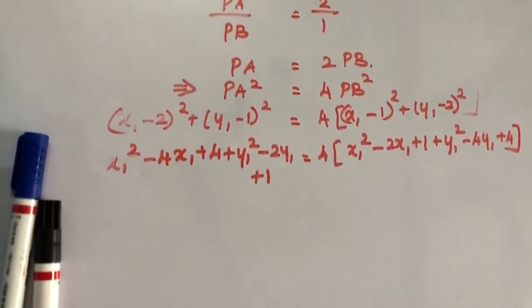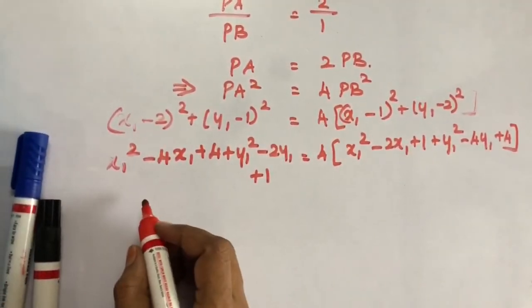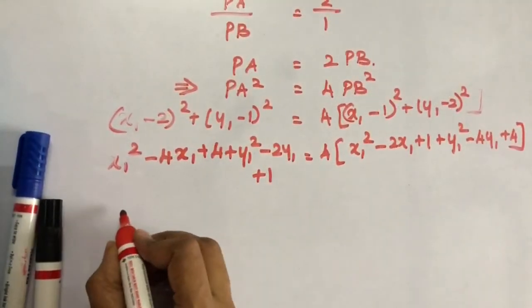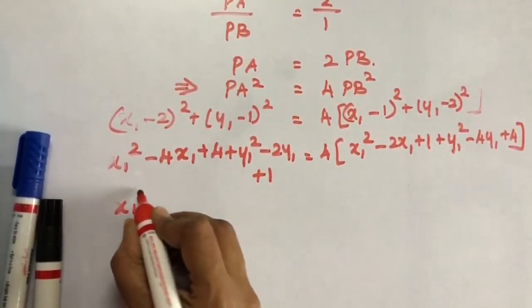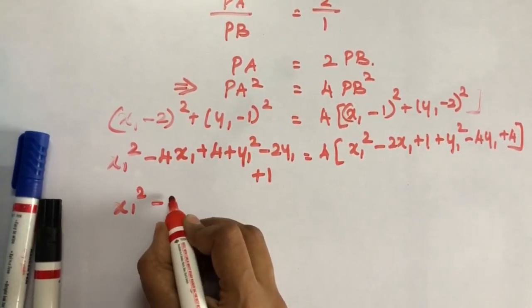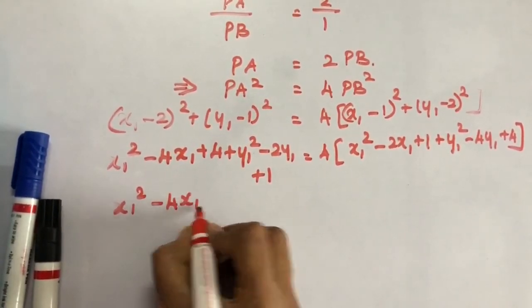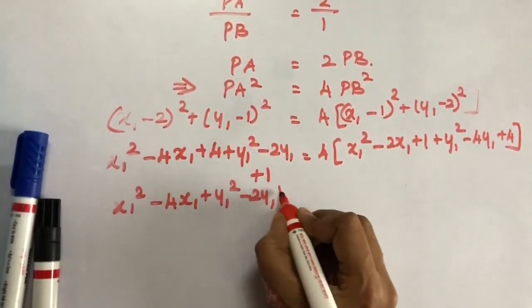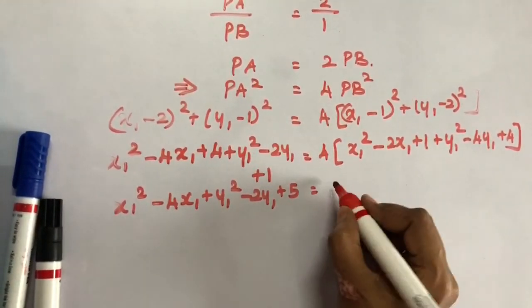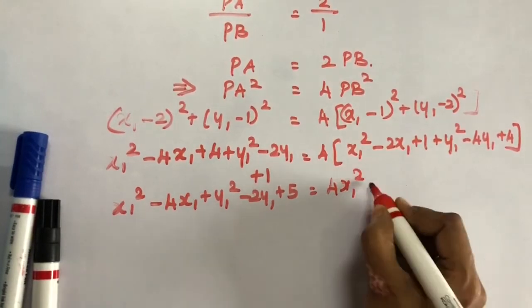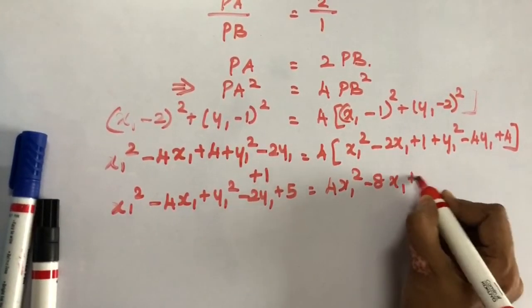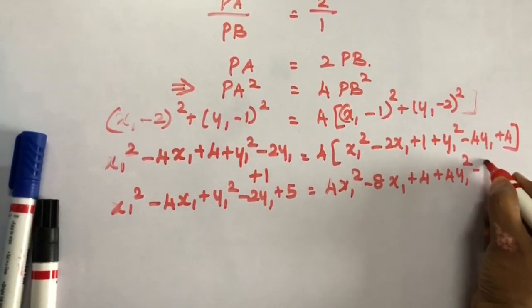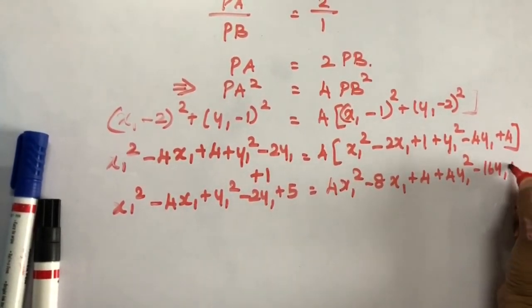So now x1 square minus 4x1 plus y1 square minus 2y1 plus 5 is equal to 4x1 square minus 8x1 plus 4 plus 4y1 square minus 16y1 plus 16.